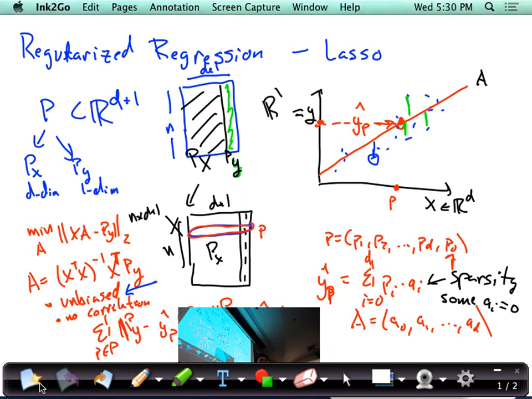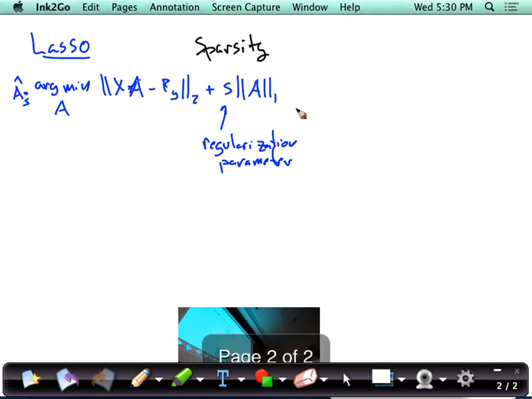But if I wanted to do sparsity, I might instead use a different norm, the A0 norm.